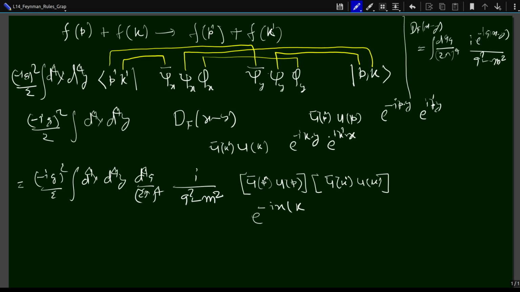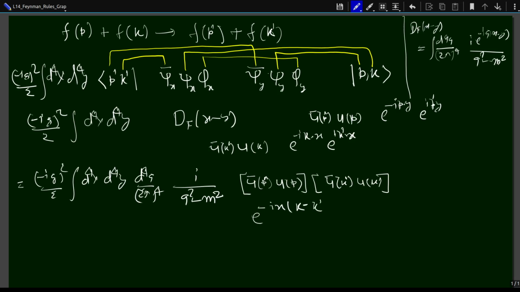Okay, I made a mistake. Whenever I write p, it comes with y. When I write p prime, it goes to the left. Sorry, these both are y, and here both are x. My apologies for that. Okay, so if I take minus x common, I'll get k minus k prime. Okay, so k minus k prime will come from here.